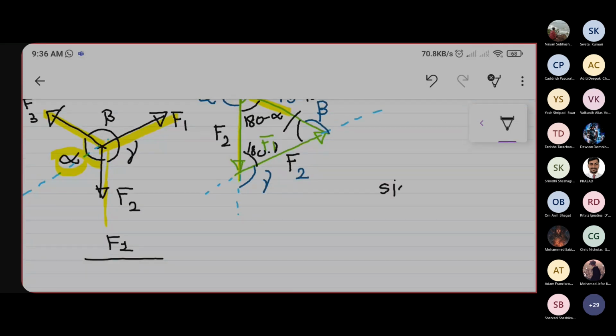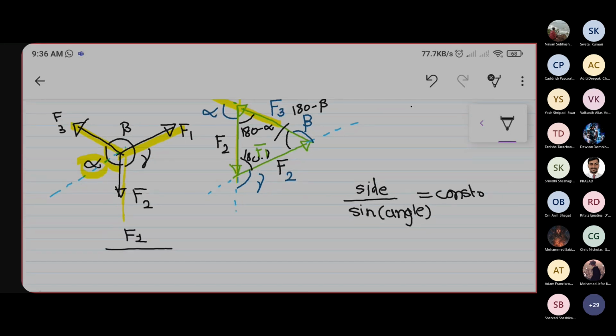Side divided by sine of angle are in the same ratio or constant. So we can write side, what is side? Let's write one by one.